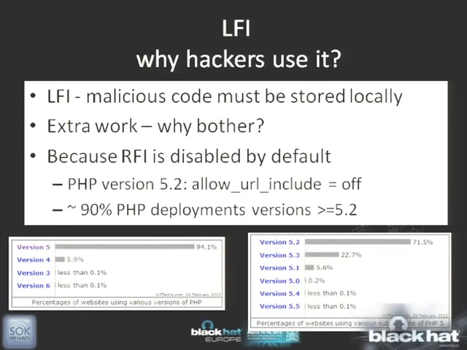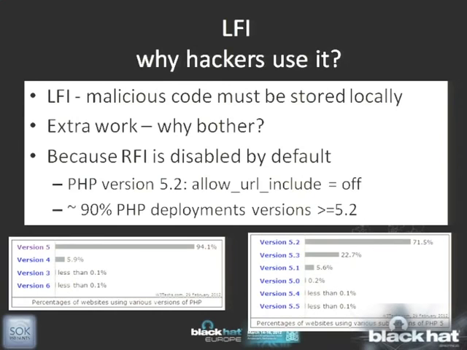This is because RFI is nowadays disabled by default. Since PHP version 5.2, a new PHP INI directive was introduced, called allow_url_include, and it's set to off. As we can see from another stat taken from W3Techs, about 90% of PHP deployments are of a version higher than 5.2.